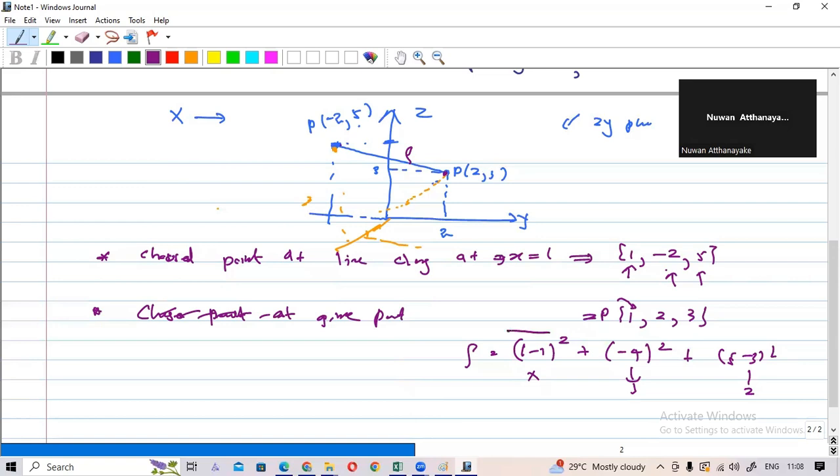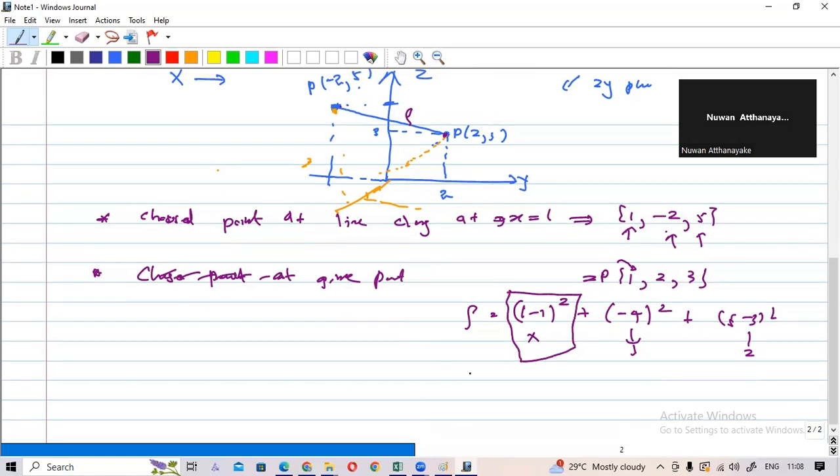You can ignore the x term or count it, the answer will be correct. The magnitude of this length will be rho: 4 squared is 16, here 2 squared is 4, that means square root of 20. So this is the distance, that is rho.